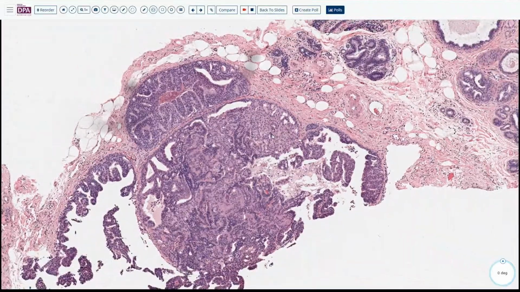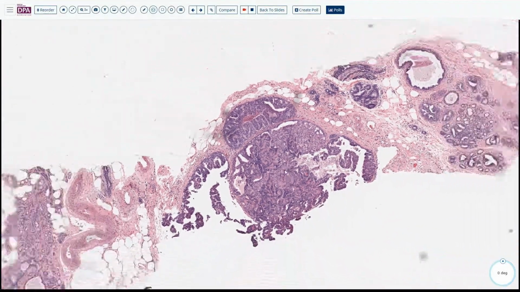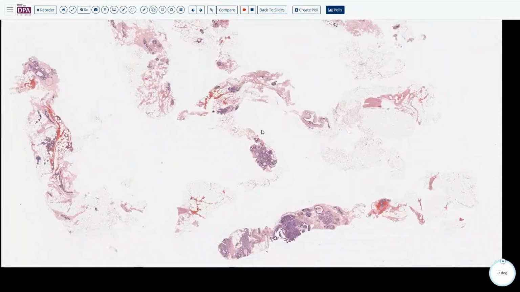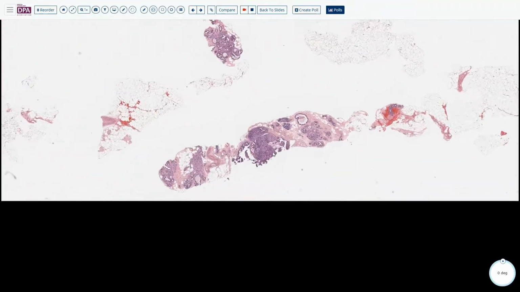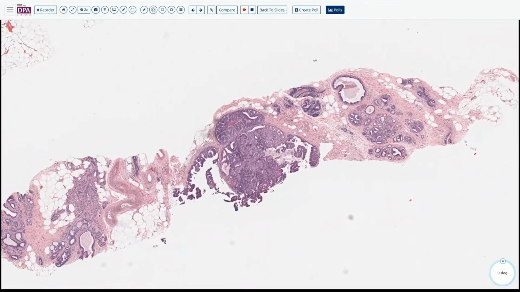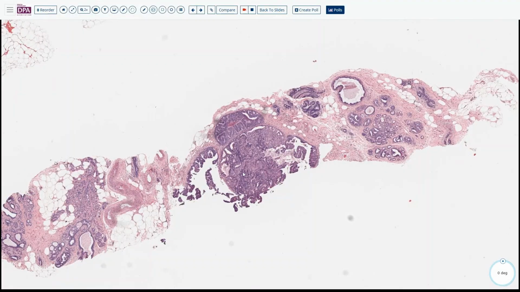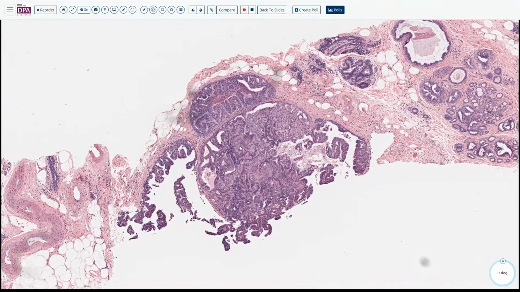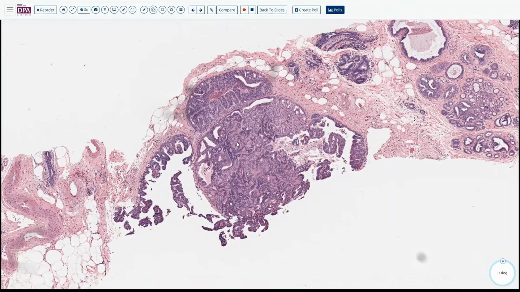Yeah, this is exactly what it is. So, low power, otherwise just benign. So we just focus on this core. In this 2x low power, we can see some papillary structure, and even here. But this one, Sarah mentioned, we may have UDH. When you see something slit-like in structure at low power, you may be suspicious for UDH.